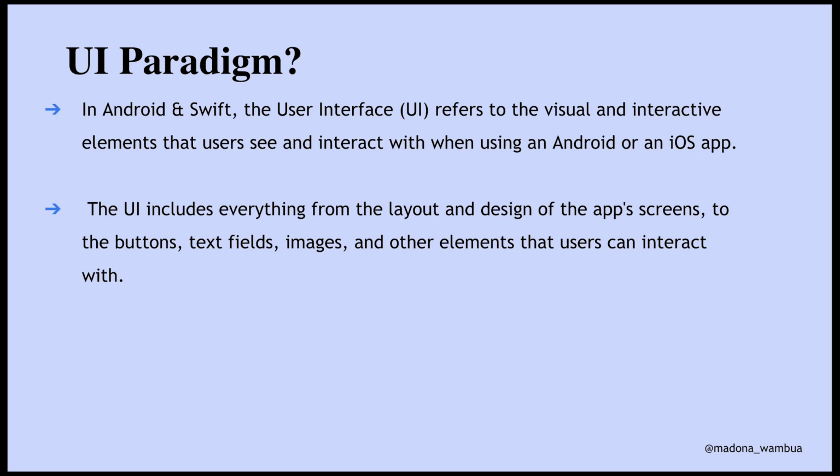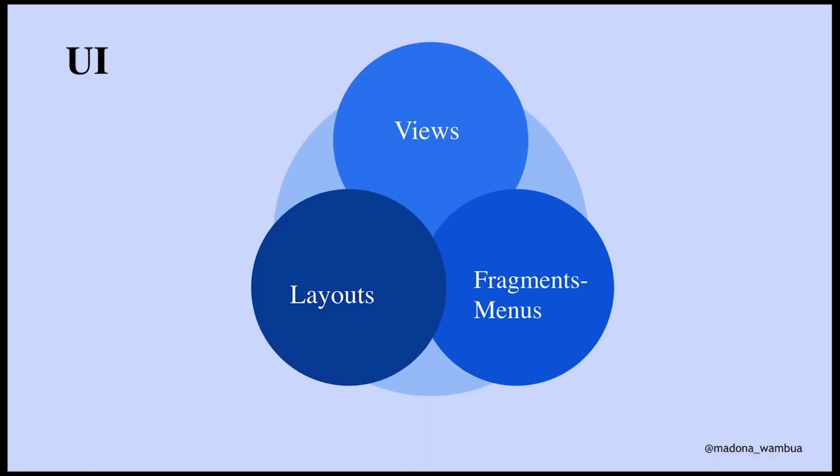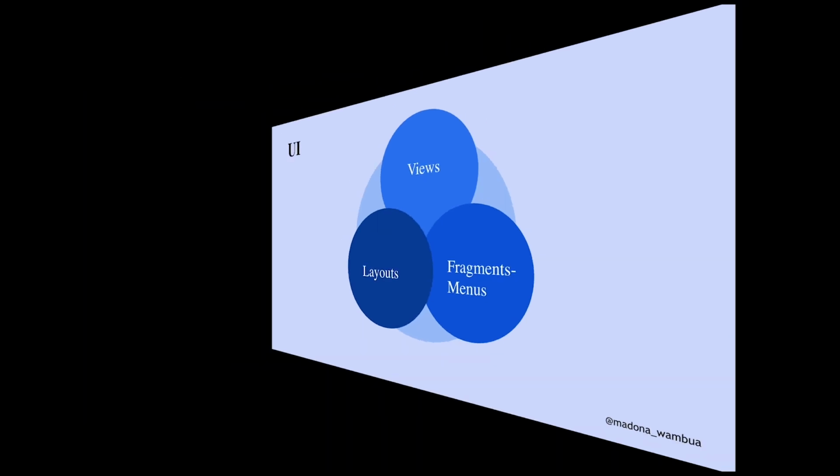This includes everything from the layout and design of the app screens to the buttons, text fields, images, and other elements users can interact with. Here I have a summary of how the UI looks: the views, layouts, fragments, menus, and many more.